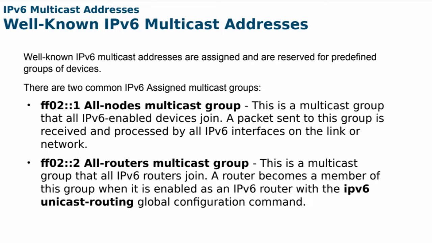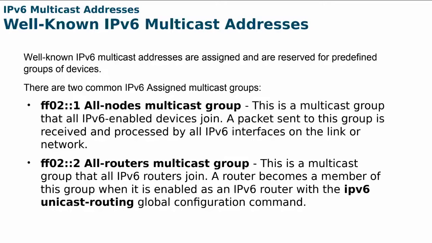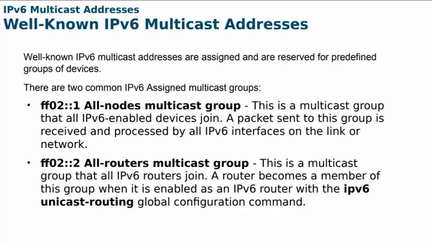And then we have FF02::2, all routers multicast group. Here, a router becomes a member of this group when enabled as an IPv6 router. This information is needed for the routers when they are doing the dynamic updates of the routing table.